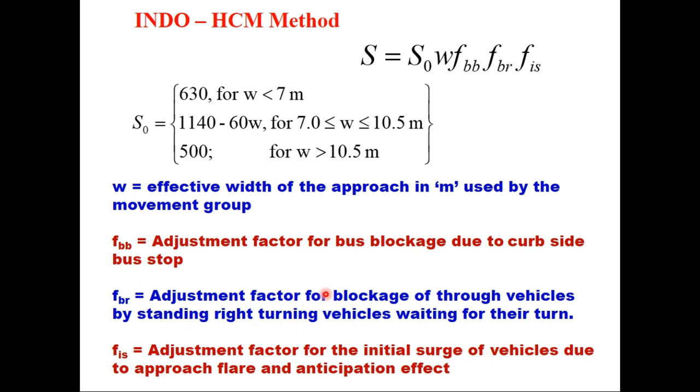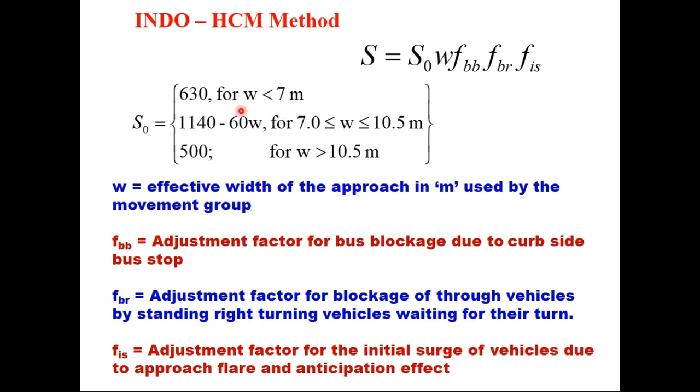The third method is the Indo-Highway Capacity Manual method. This method is relatively simpler. Now here S is given by this equation, S0 into W into FBB into FBR into FIS, where S0 depends upon the approach width. Here we do not consider the lane width.